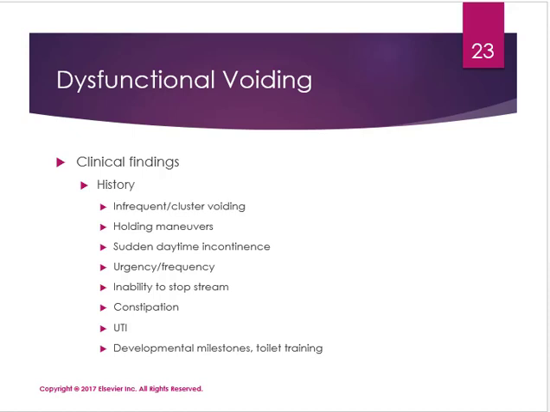So when you're doing your assessment and gathering your HPI, it's important to ask mom and child, if they are old enough, if there's issues with infrequent or cluster voiding, if they are having holding maneuvers where they don't want to void, if there's been any sudden daytime incontinence, if there's new onset urgency or frequency, if the child is having any issues stopping their stream once they start, any issues with constipation, concerns for infection, or any developmental milestones that may impact toilet training.